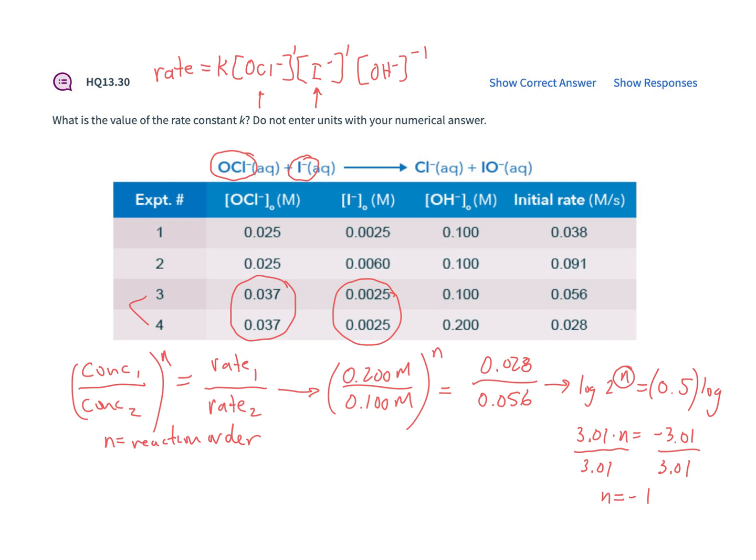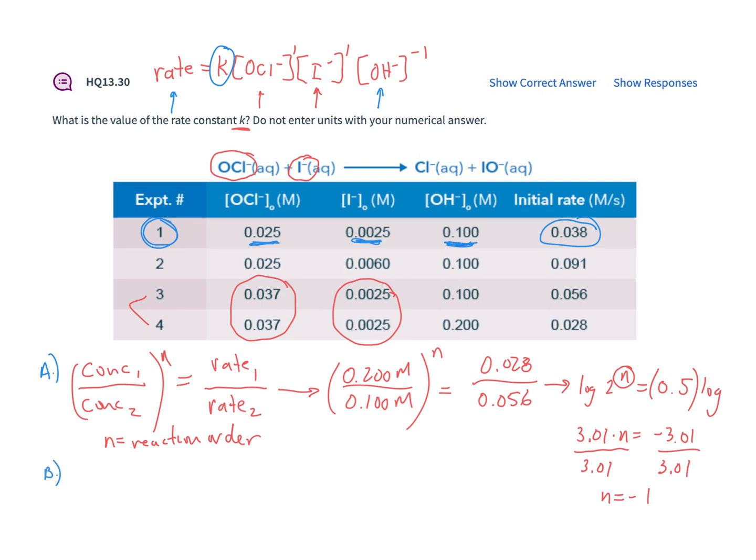Now that we have the full rate law, we can find the rate constant for the reaction. We had to do all that work to find the full rate law. To find the rate constant, all we want to do is pick one experiment, because any one of them would work. I know these three concentrations and I know the rate of the reaction at those concentrations, so I can plug in the rate and all three concentrations and solve for K, my rate constant.